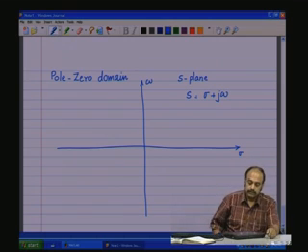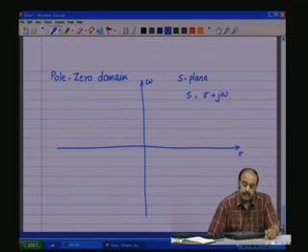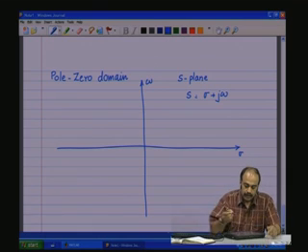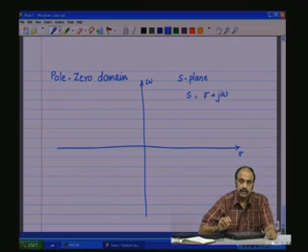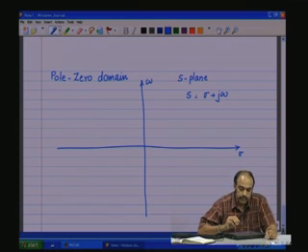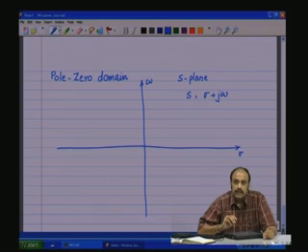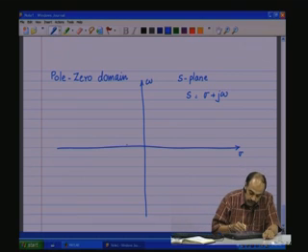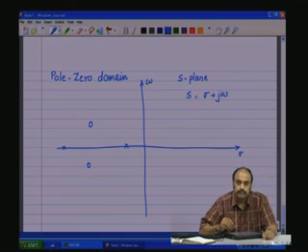So, the S plane is basically a representation of the physical system which will give you an idea of the location of the poles and zeros of the system. The poles of the system are nothing but, in the time domain, the exponential behavior.